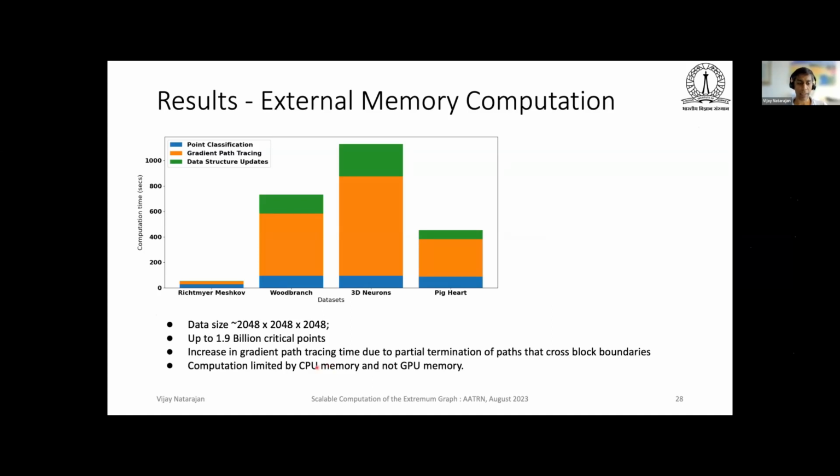The size of the data that can be handled by Tachyon is essentially limited by the CPU memory and not by the GPU memory. So this is still a limitation because we store the resultant extremum graph in memory, and that essentially limits the size of the data that we can handle.